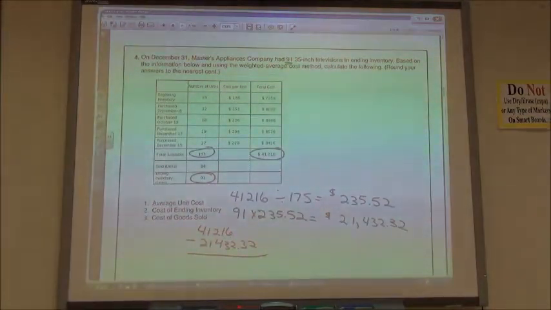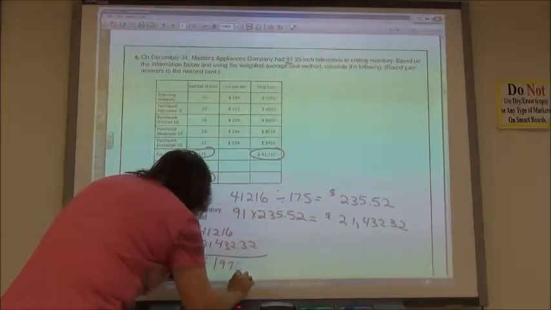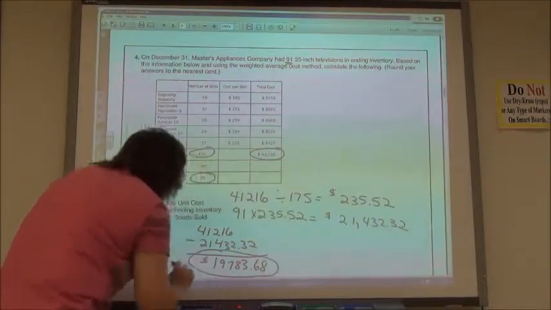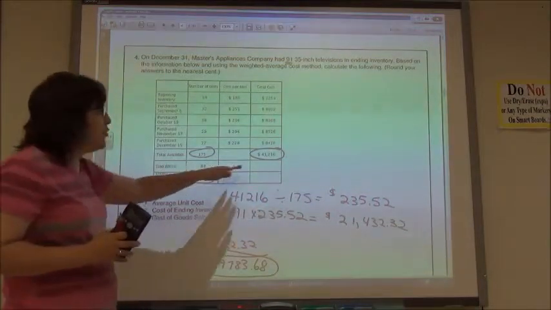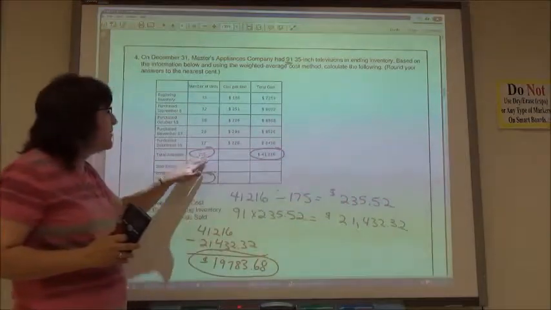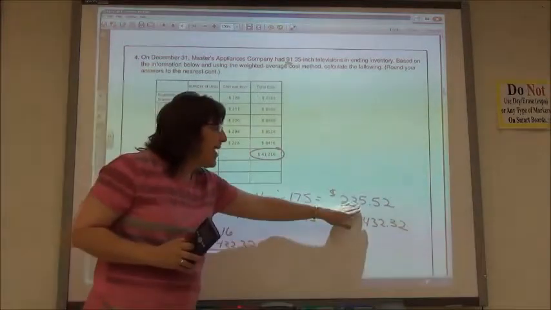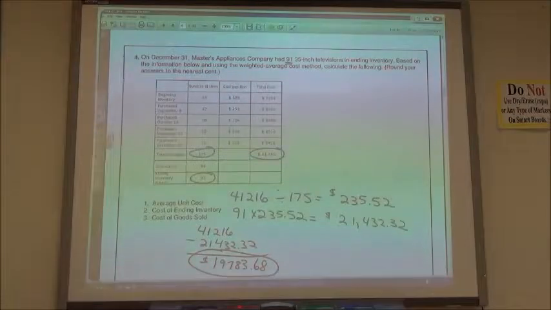So if I subtract, I get $19,783.68 for the cost of my goods sold. So I'm just finding the average of each unit by taking the total cost divided by the total number of units, and then that's my average cost that I can multiply by what I have left in inventory.